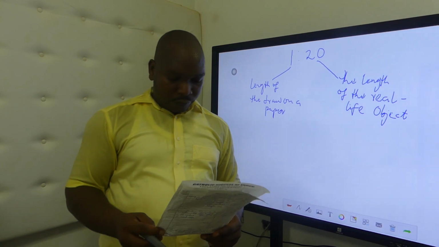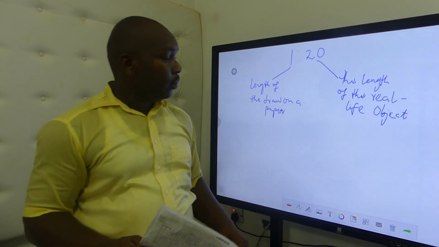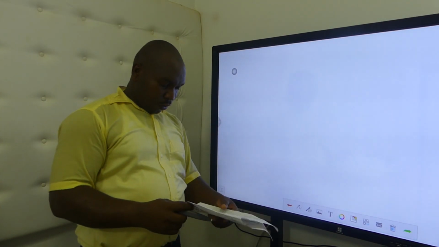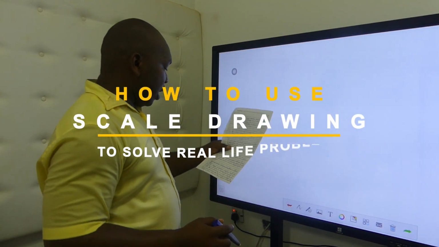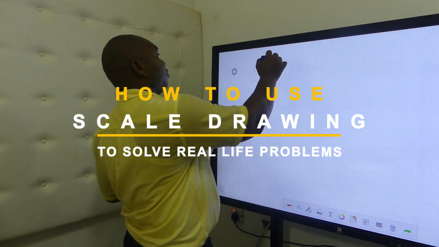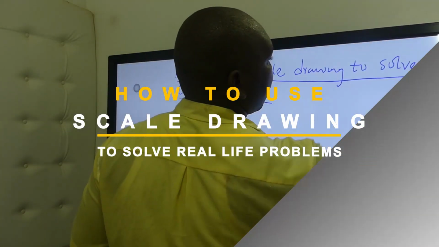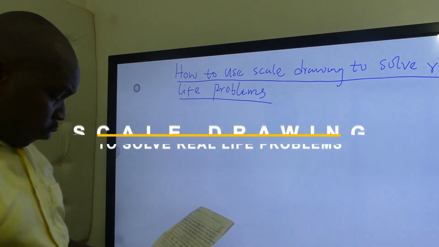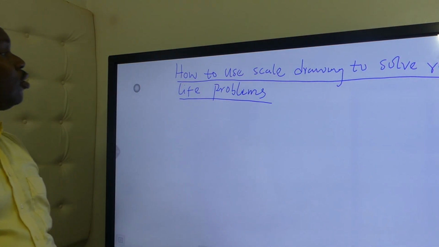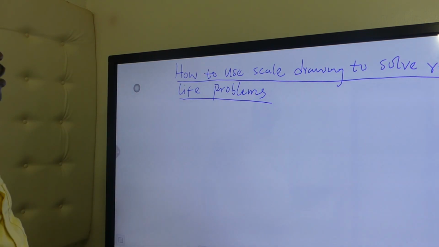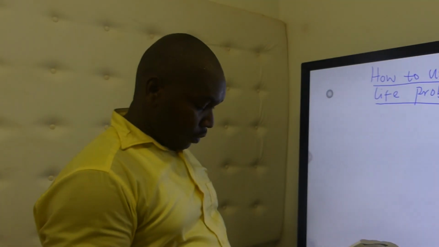Okay. Now let's see how to use scale drawing to solve real life problems. So what we want to look at now is how to use scaling to solve real life problems.